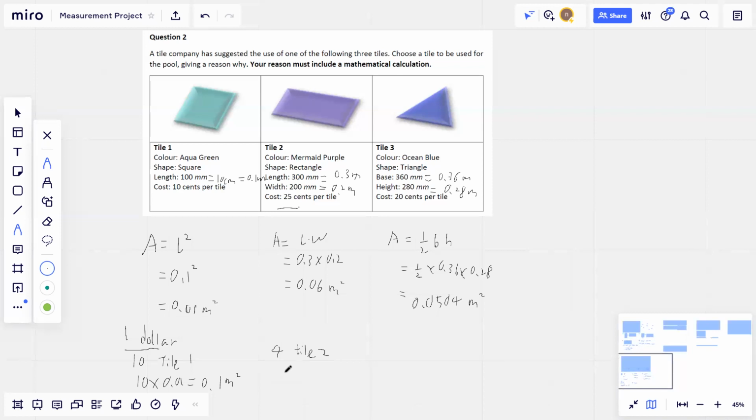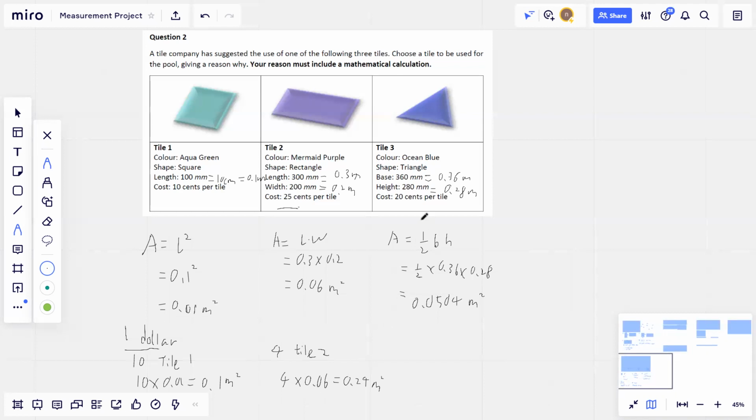We use 4 times the area of each tile, 0.06, which gives us 0.24. So if we spend $1 on the second tile, that's how much area we have. This is larger than the first one, which means this one is better than the first one.